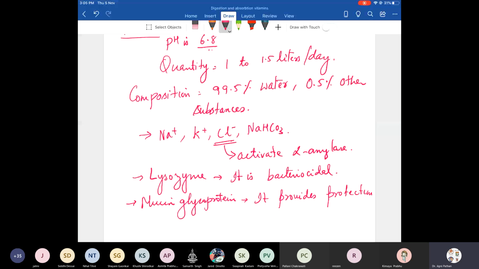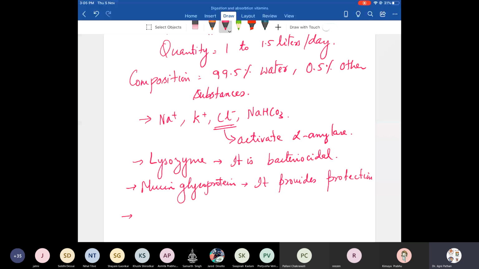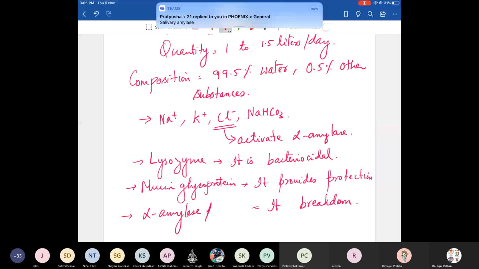Right? Next. And the enzyme that is present, can anyone tell me the other name for alpha amylase? Very important. Other name for alpha amylase. Okay, salivary amylase. Very good, Gauravi.